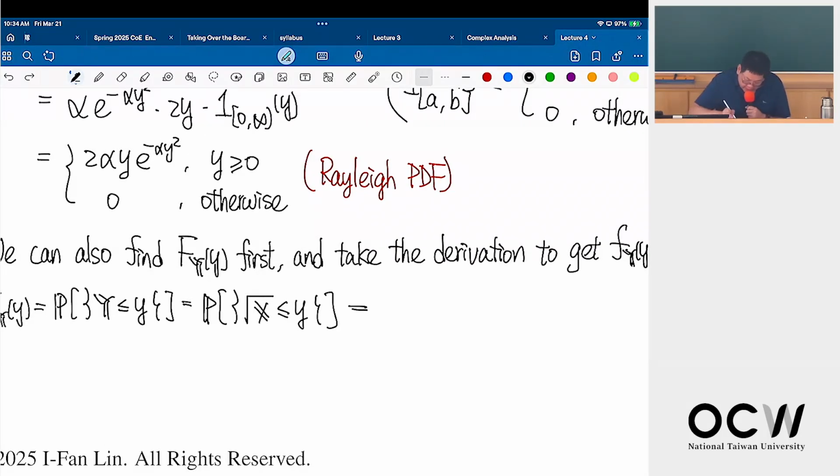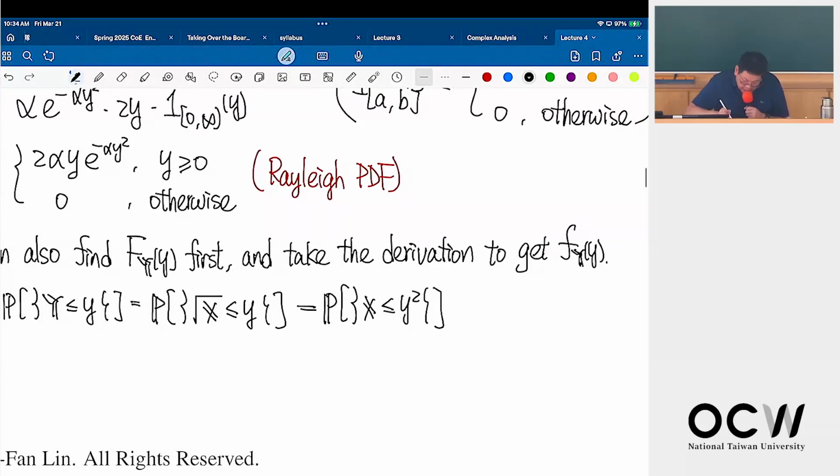And then we can rearrange that: the square root of x becomes x less than or equal to y squared. What is the probability of a random variable x less than or equal to some point? That's the CDF of x at y squared.